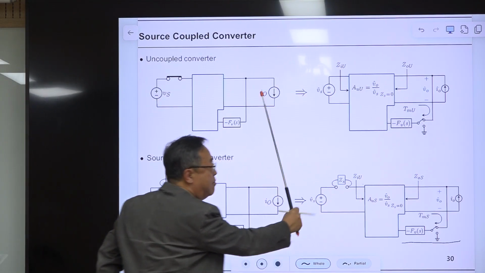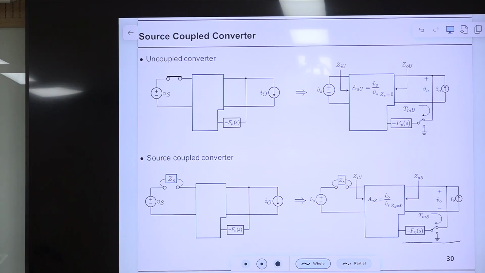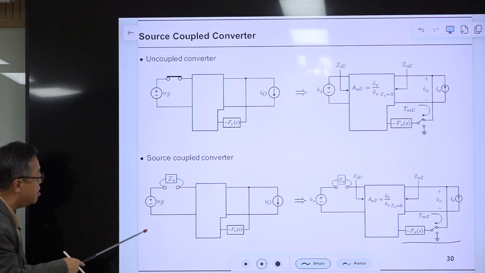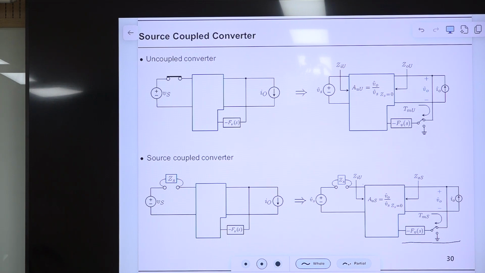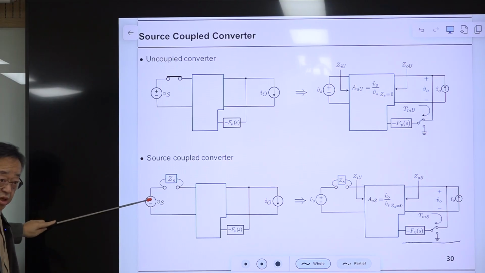TMU, we can define everything the same as the load coupled converter, uncoupled converter, as in the previous case. Now the source is coupled and this is replaced with this. Maybe I should use this one prime because this is the Thevenin form.